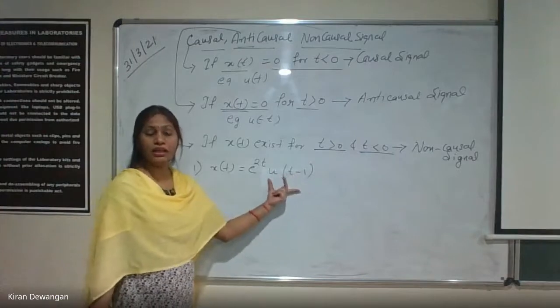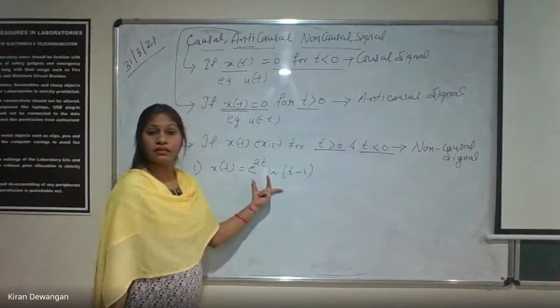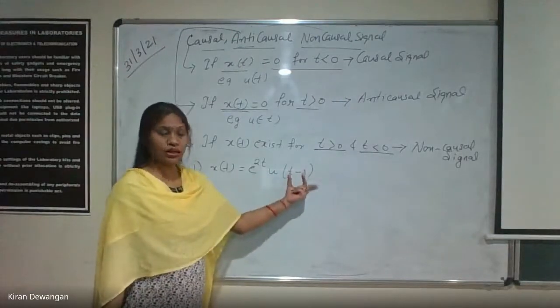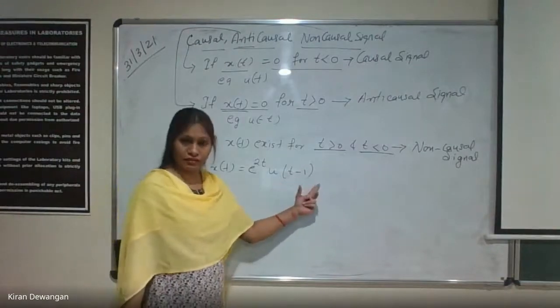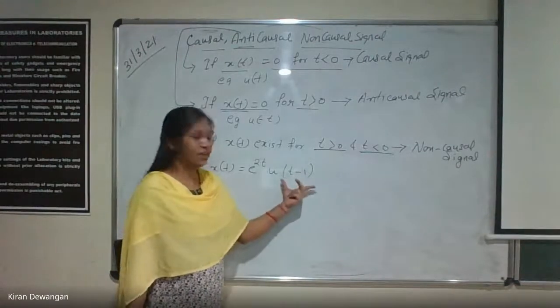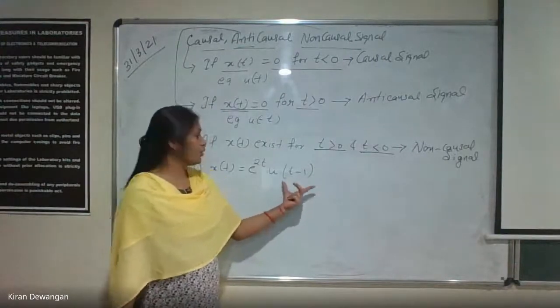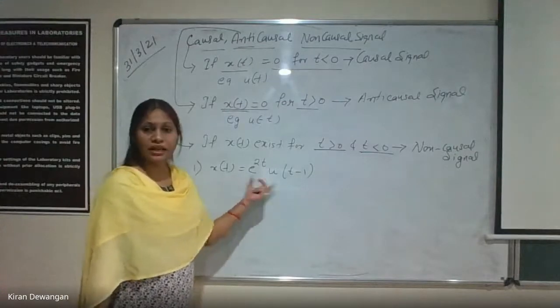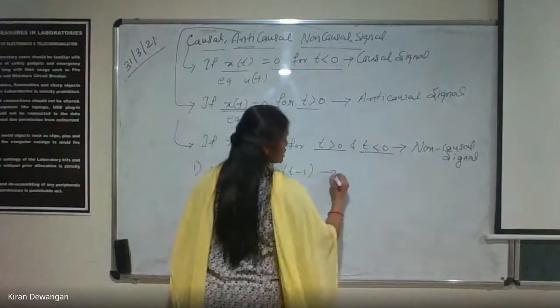Causal, anti-causal, or non-causal? The unit step function is shifted by 1, so this itself is a causal signal. When it gets multiplied by e to the power 2t, it will still be a causal signal.